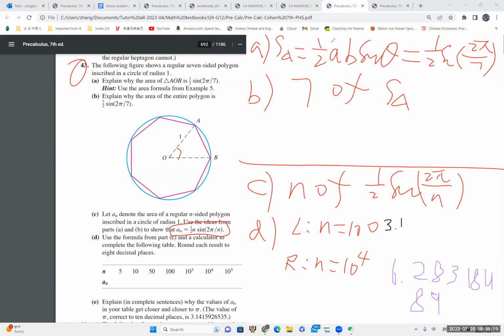Then sine. Then times 50. Pi r square. So yeah, this is correct.